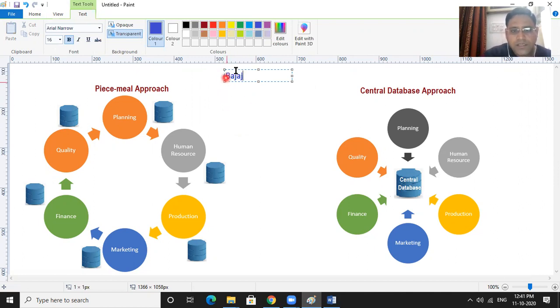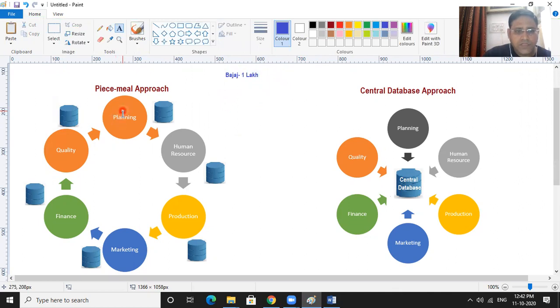Now Bajaj has decided that they will manufacture, let us suppose, 1 lakh Pulsar bikes in the next month, only in 1 month. Their planning department has done this planning.